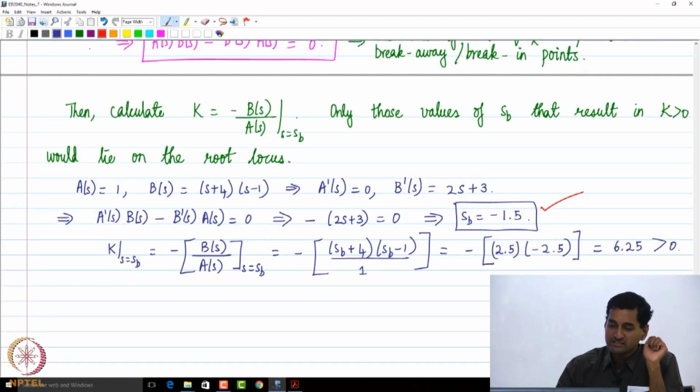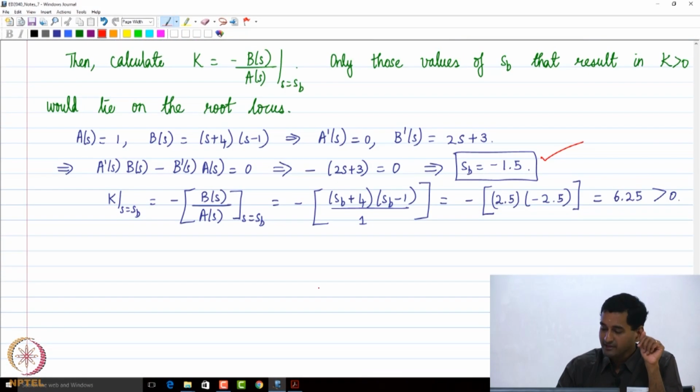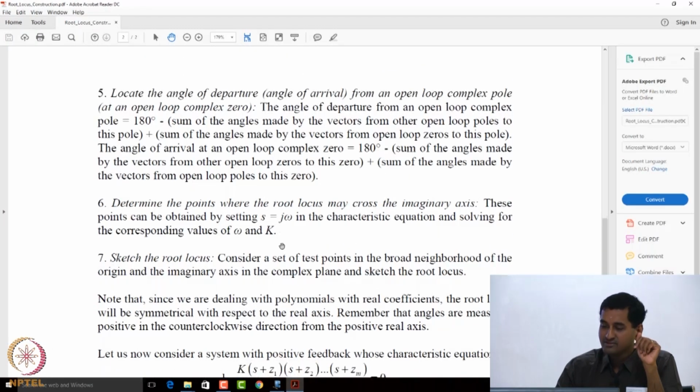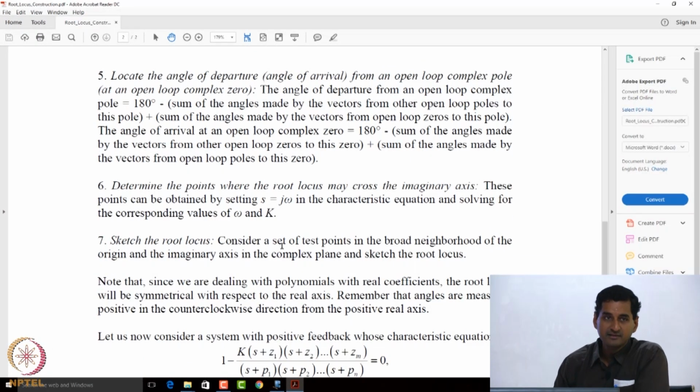Fine. So, that is the fourth step. Fine. So, let us go to the fifth step, right. So, we have done the construction of asymptotes and the calculation of breakaway and break-in points. Those are the two new steps that we have done today. Let us go to the fifth step.